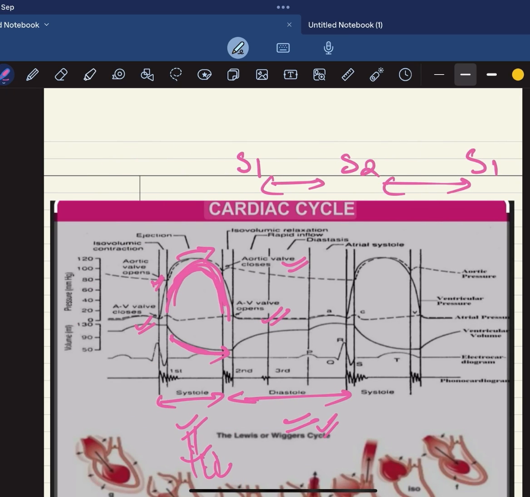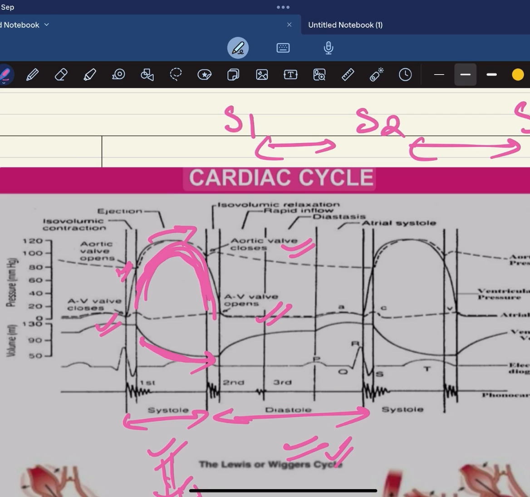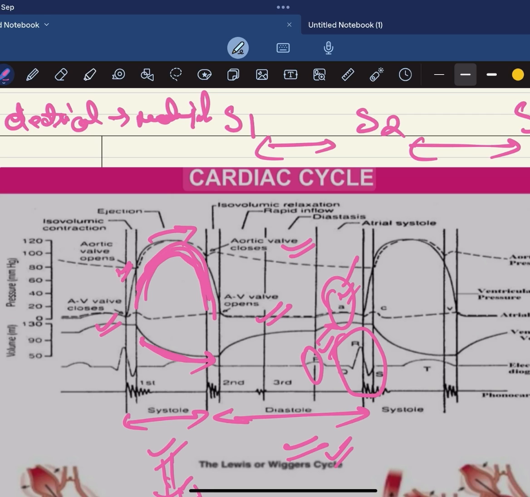Now further moving on to the Wiggers diagram, we can see that the P wave precedes the A wave, and the A wave is for atrial contraction. The P wave precedes the A wave because we know that the electrical activity comes first. Electrical activity is followed by the mechanical activity. So the P wave is followed by the A wave, then QRS is for the ventricular depolarization, which is followed by the C wave, that is for isovolumetric contraction.